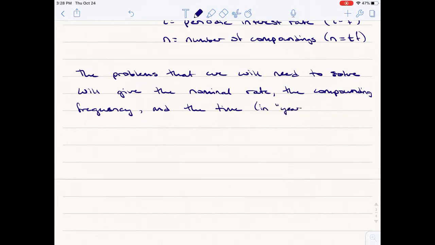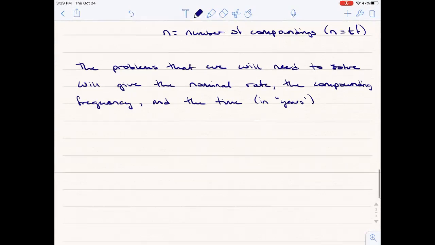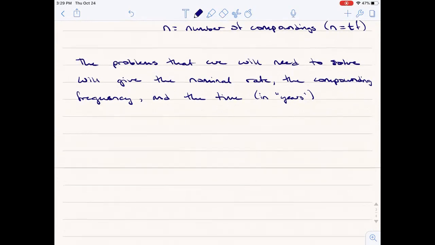I'll put years in quotes because it's the same way that you got time in years for simple interest. I could have said 14 days. Then you know T is 14 over 365, right? So time is still going to be in years, just like simple interest.